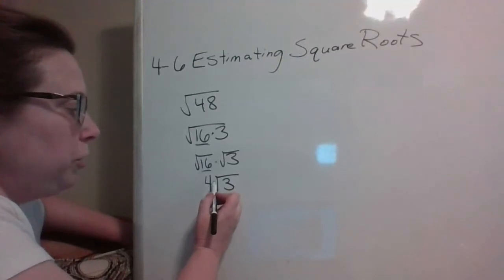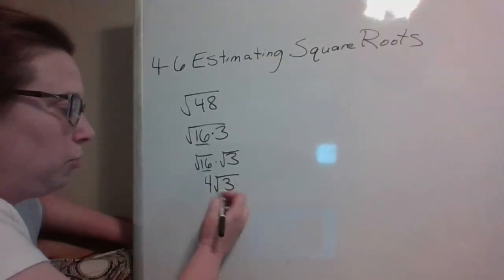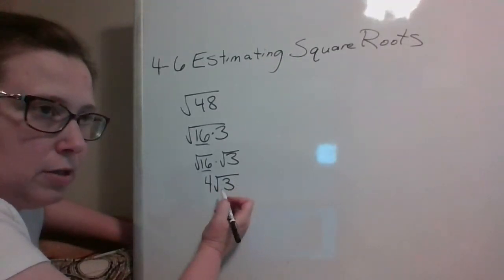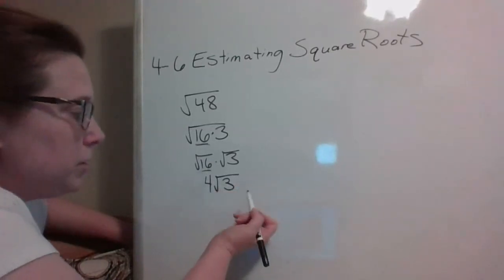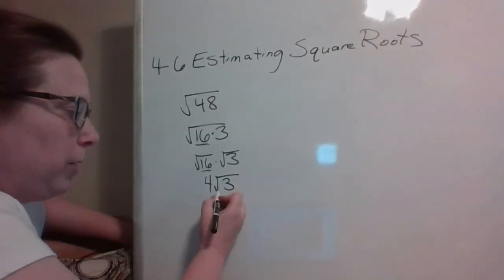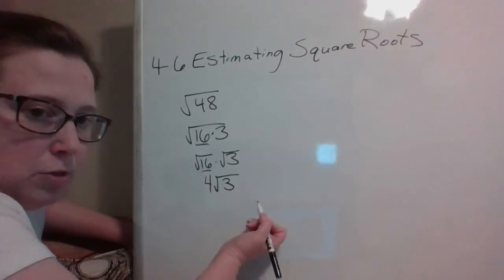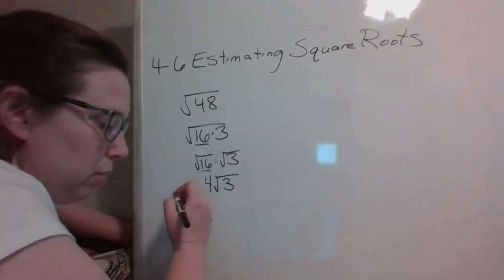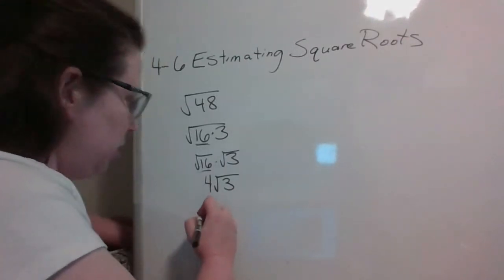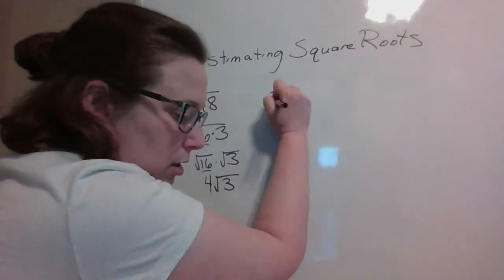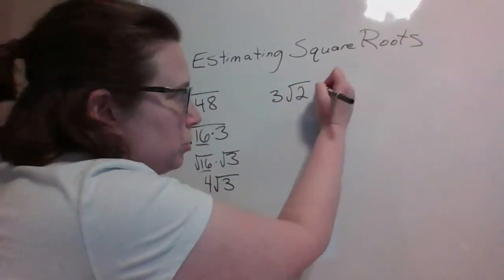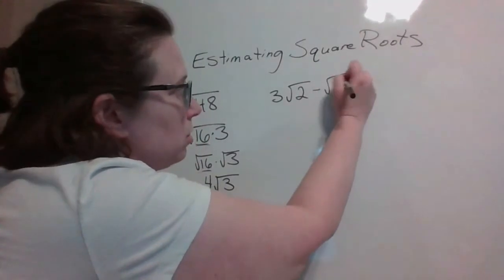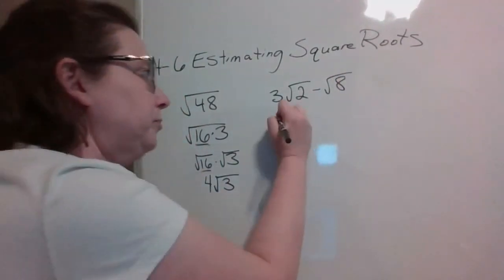You don't need to put the dot in there. This is just like when you have a number outside parentheses, it means that you're going to multiply. So 4 square root 3 means 4 times the square root of 3. Looking at another one, they give us 3 square root 2 minus square root of 8.